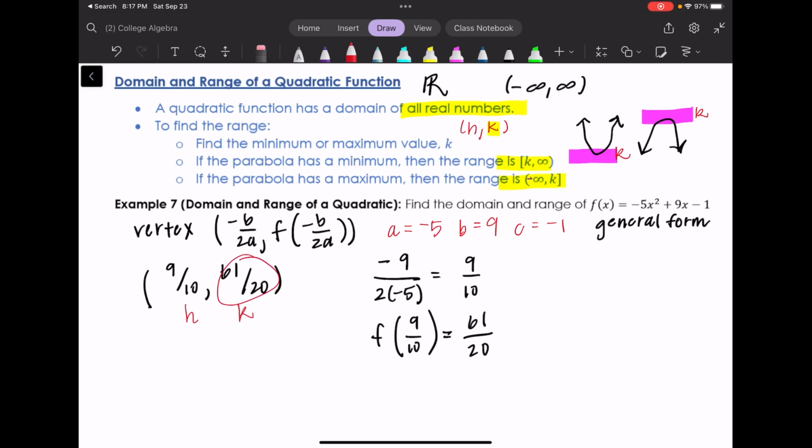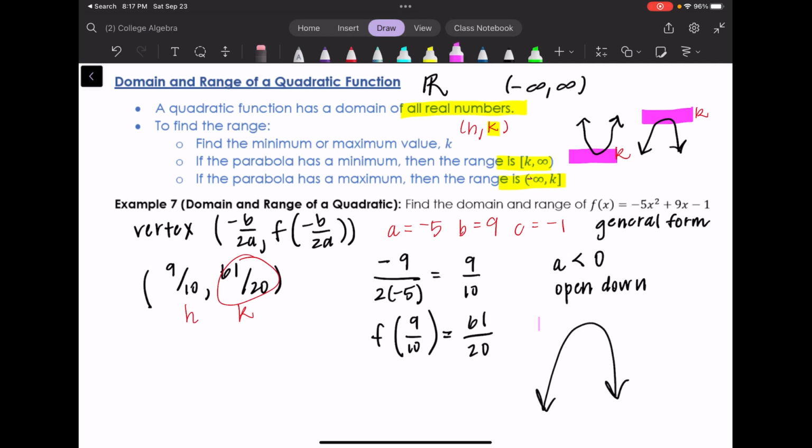And so let's determine if this is an opening up or down parabola. And remember, it depends on A. And so A is less than 0 here, so it's going to open down. So to give you a visual, if it's opening down, the graph's going to look like this.